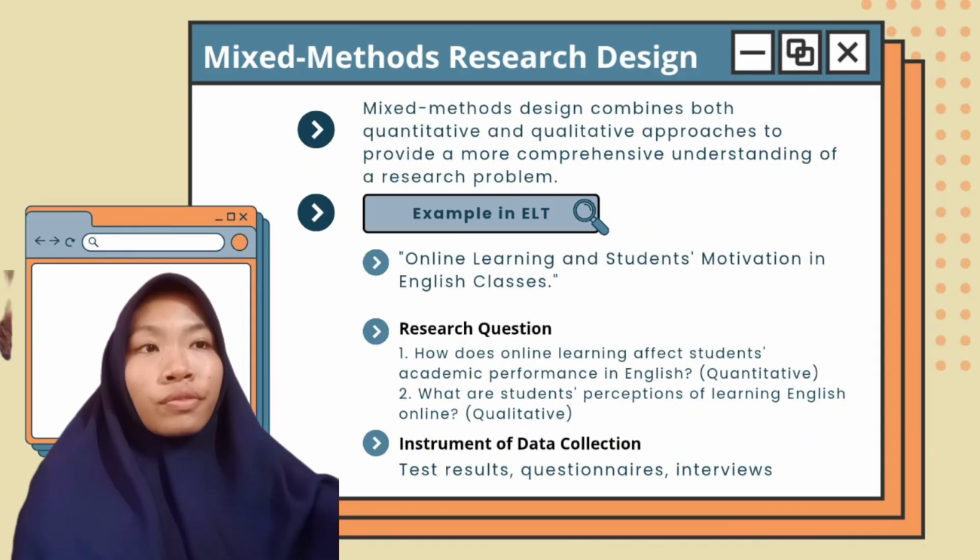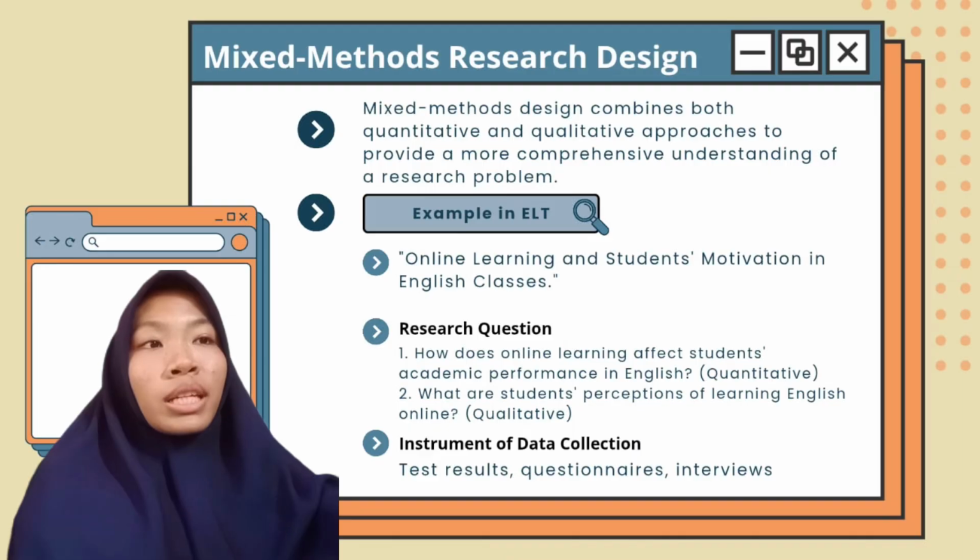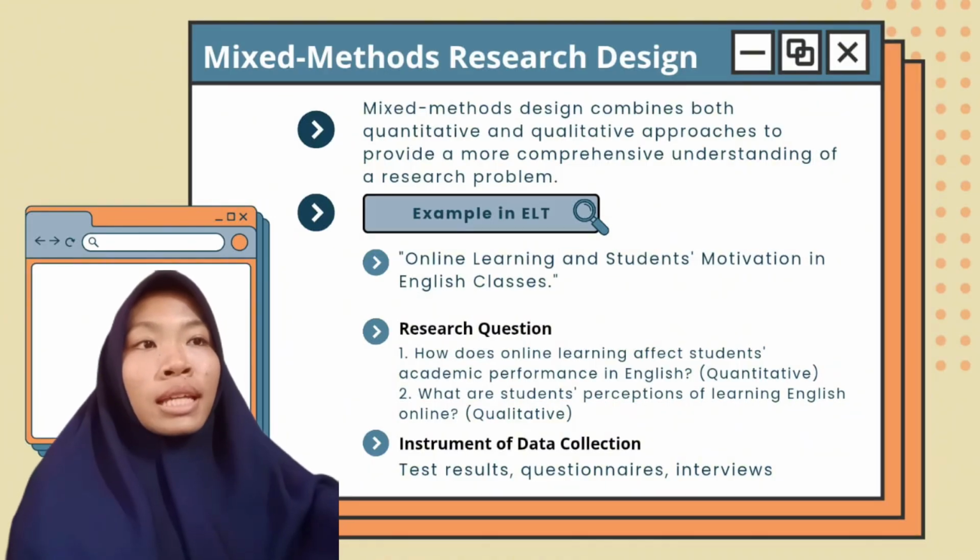The instruments are test results, questionnaires, and interviews. The combination provides data on achievement levels and insight into learners' attitudes, enhancing the validity of findings.